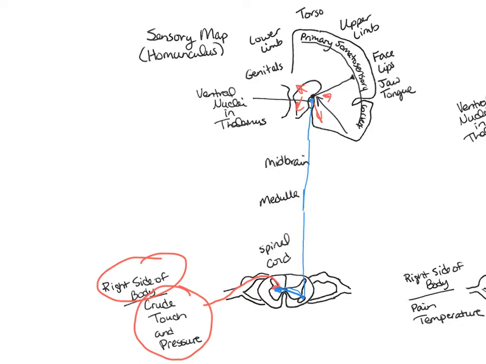Lots of interneurons synapsing in there, so that a really strong visceral pain can actually stimulate those interneurons in this spinothalamic pathway and make it feel like you're having pain, or here it's crude touch and pressure, but if it were in the lateral spinothalamic, you'd be feeling pain. So for instance, a person that has a heart attack, that's a strong visceral sensation, right? It's a strong visceral pain.